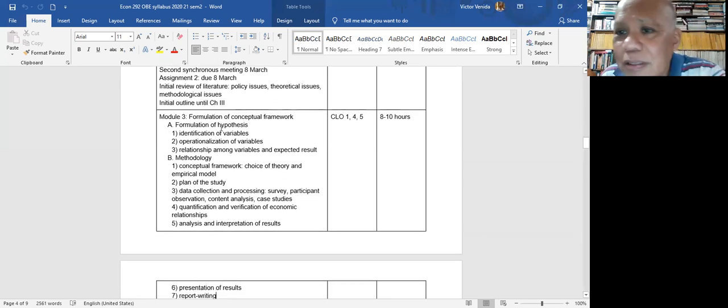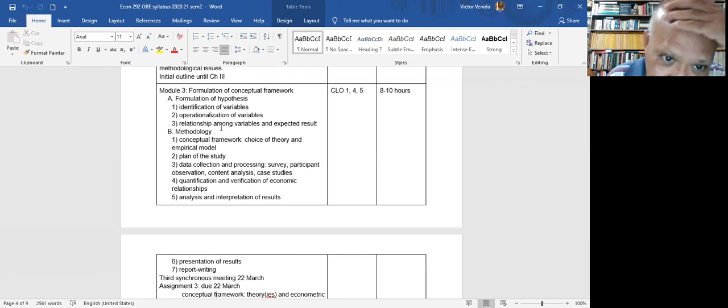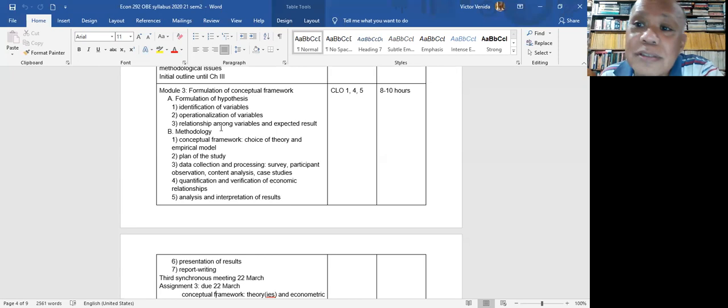You're not expected to generate your own data. So you're not expected to do any survey, participant observation, content analysis, or case studies. Your main data collection will involve the downloading of secondary data. Okay. And the quantification and verification of economic relationships, that is actually your econometric model.